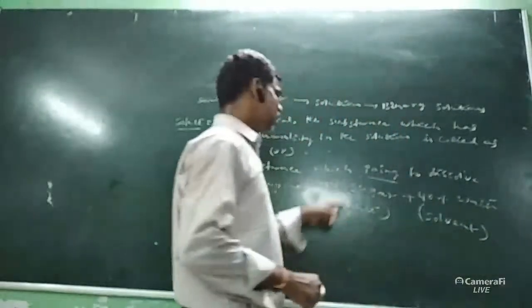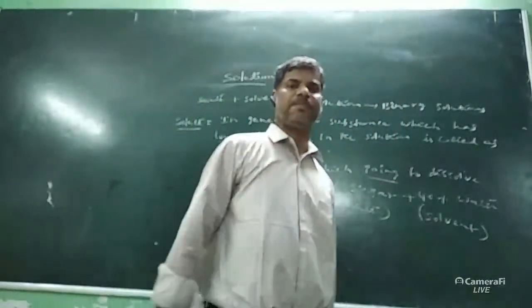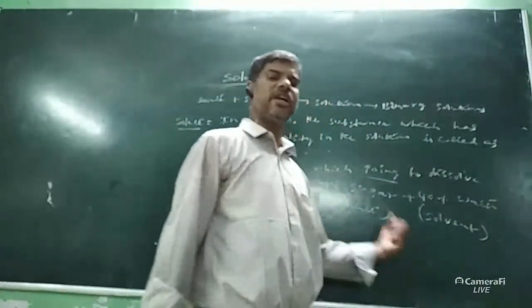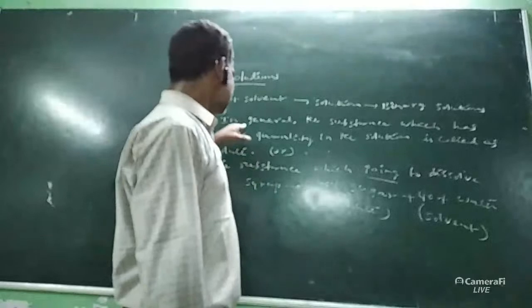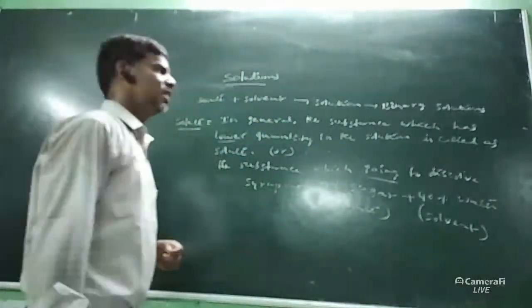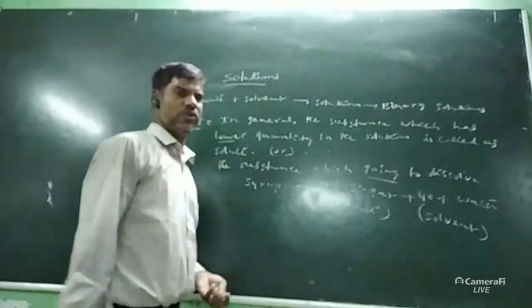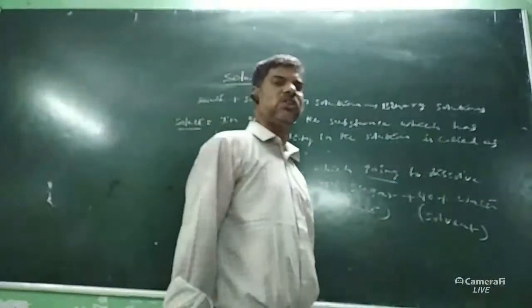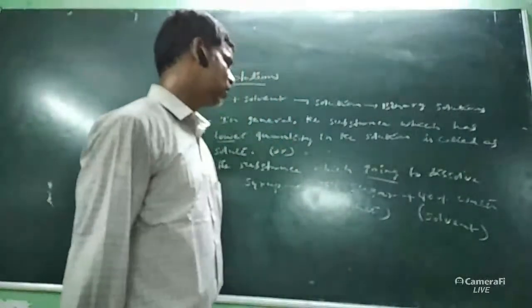Why? Because the sugar is going to dissolve in water. So in general, the substance which has lower quantity is called solute. Otherwise, the substance which is going to dissolve is called the solute.